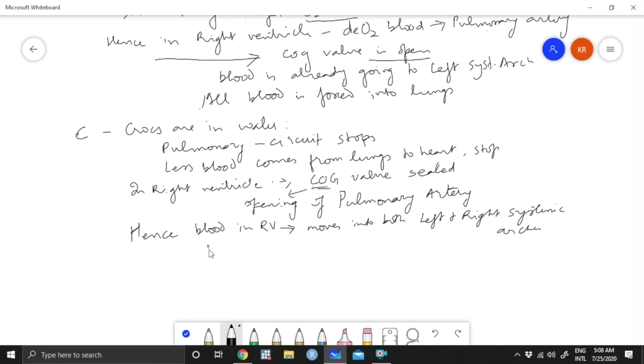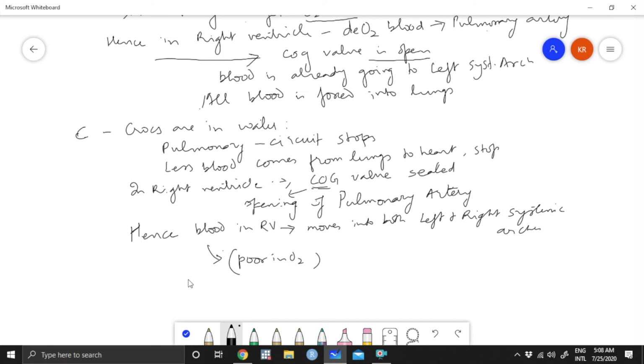Now this blood is poor in oxygen, almost you can say deoxygenated blood. So this oxygen-poor blood is moving into both right and left systemic arches. This is an adaptation at that time.